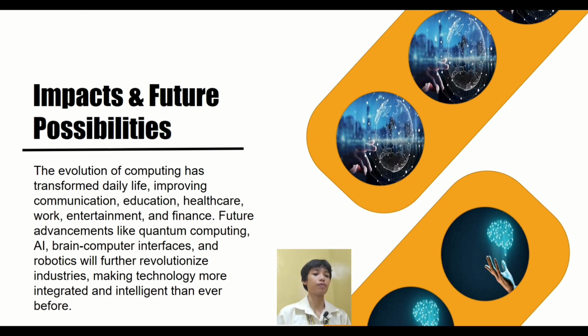In the future, advancements like quantum computing, AI, brain computer interfaces, and robotics will further revolutionize industries, making technology more integrated and intelligent than ever before. Actually, nowadays, there are already inventions of robots that can act as humans. So we don't know what more is in the future.